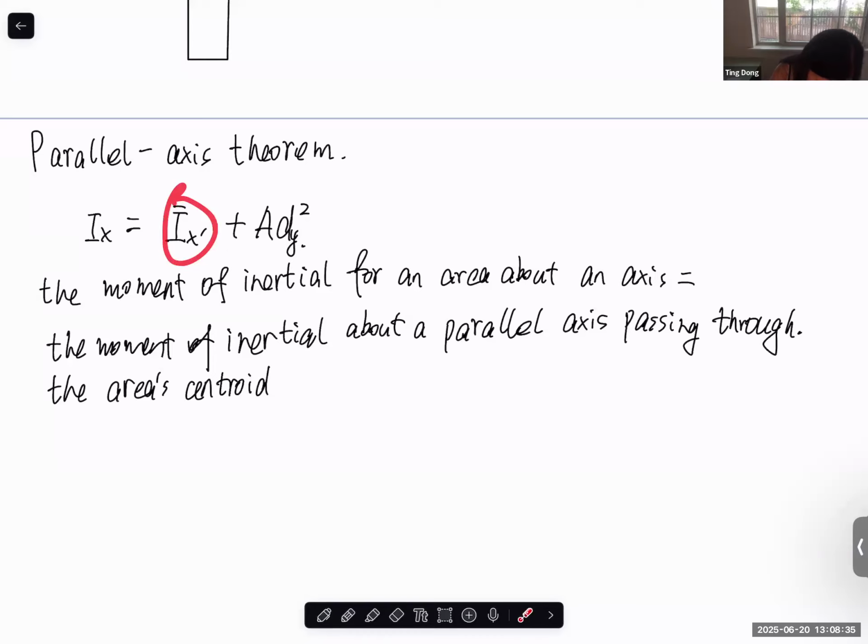So this is this part, plus the product of the area and square of the perpendicular distance between the axes.